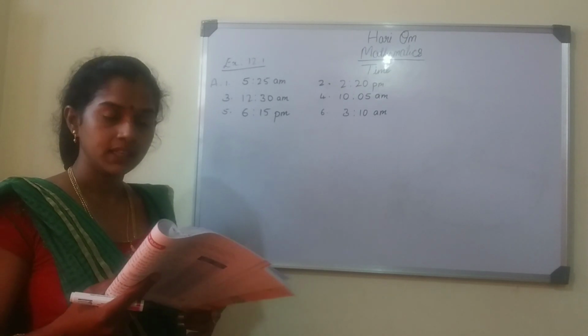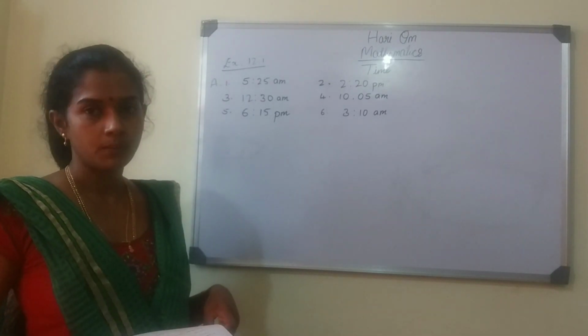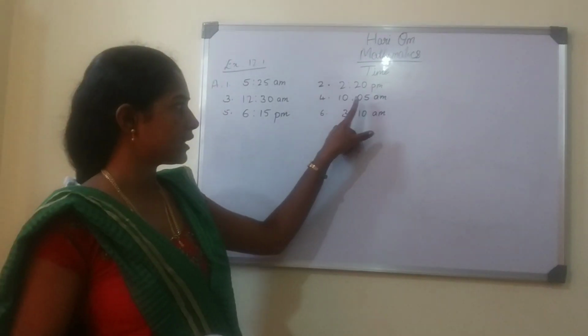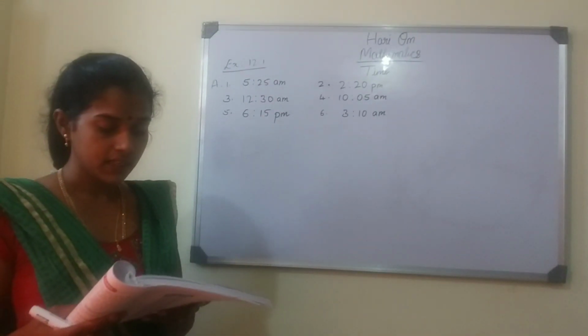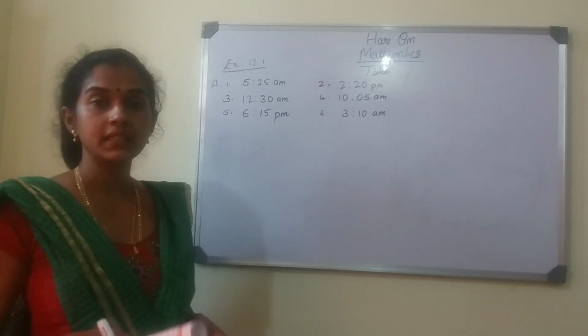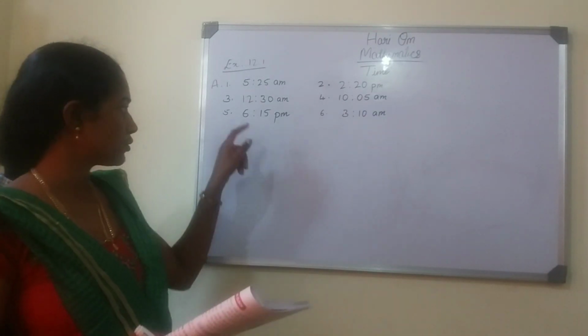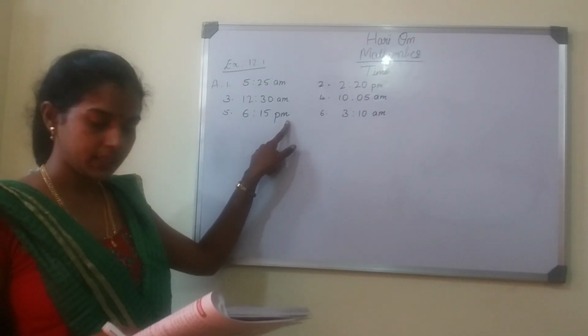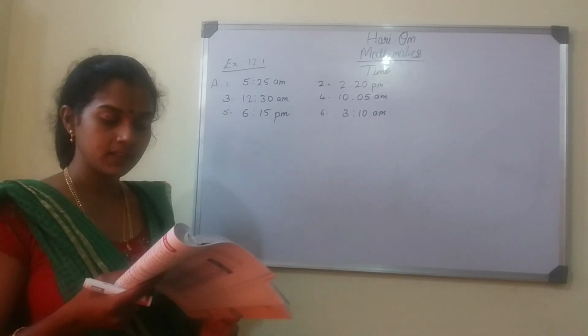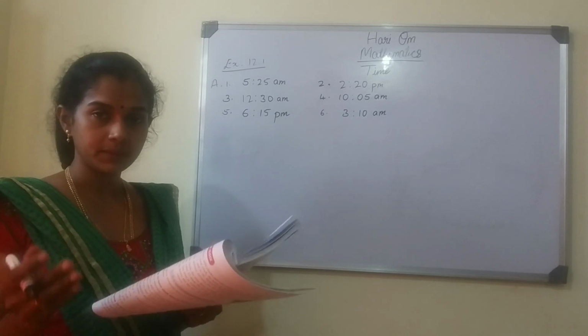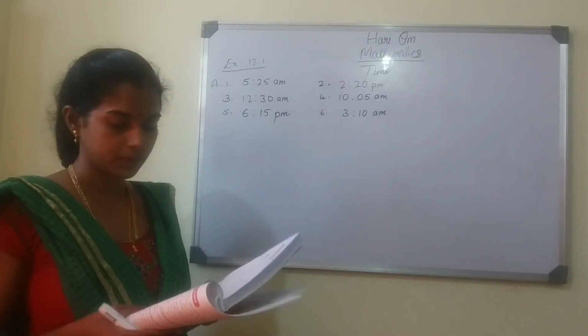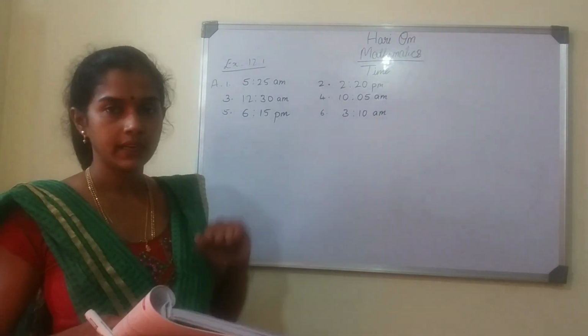Fourth one, 10 o'clock 5 minutes in the morning. Morning is AM. So that is 10 o'clock 5 minutes AM. Fifth one, 6 o'clock 15 minutes in the evening. Evening is PM. So the time is 6:15 PM. Sixth one, night 3 o'clock 10 minutes. In the night after midnight 12 o'clock it is AM. So the time is 3:10 AM.